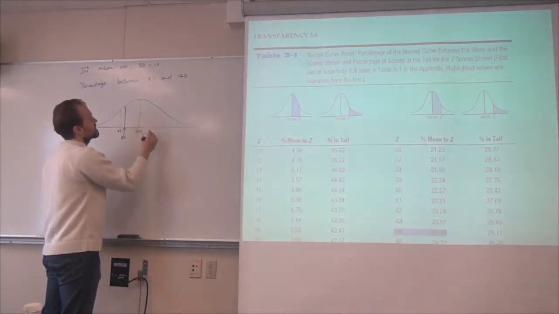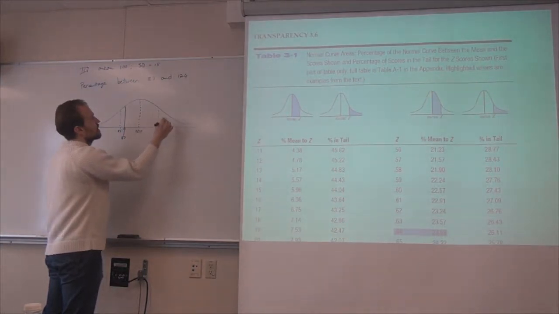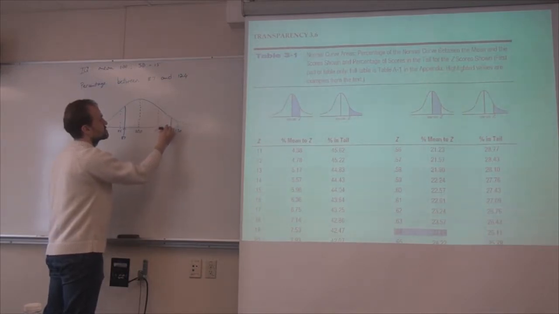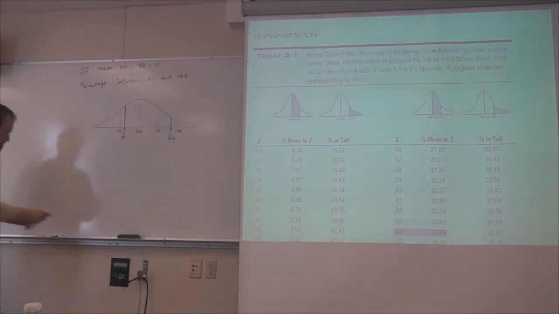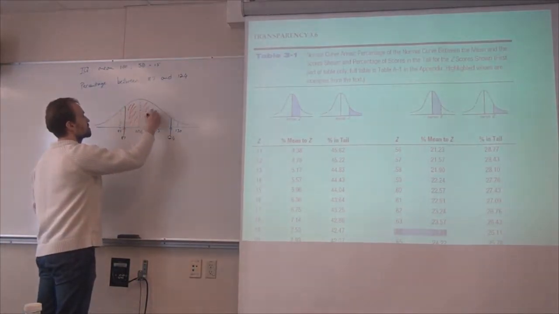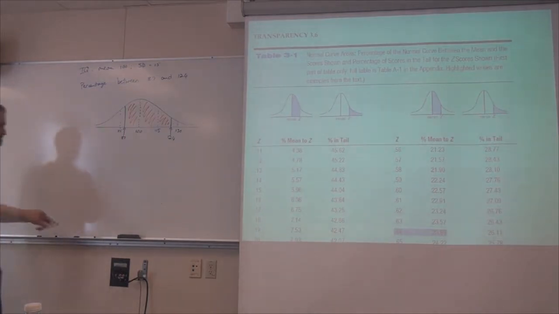On the other side I have 115, and the next one will be 130, so 124 sits over here. 124, so I'm going to change the color to red. So I'm looking for all of that.